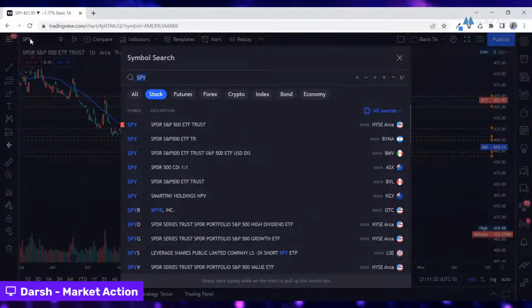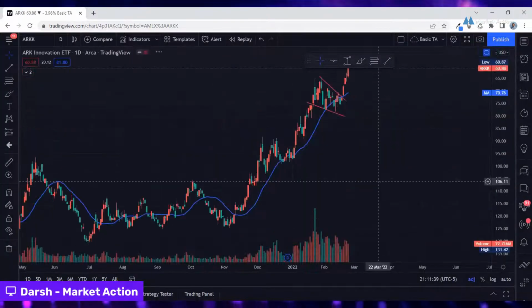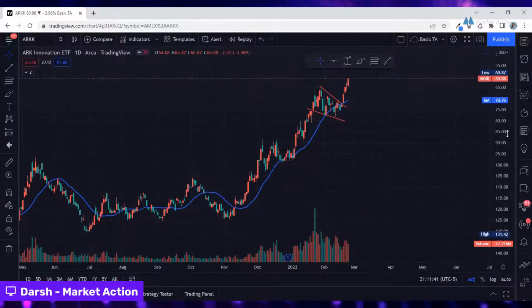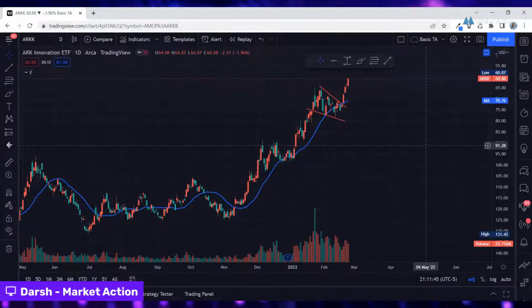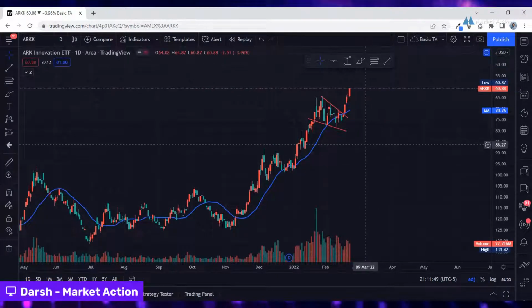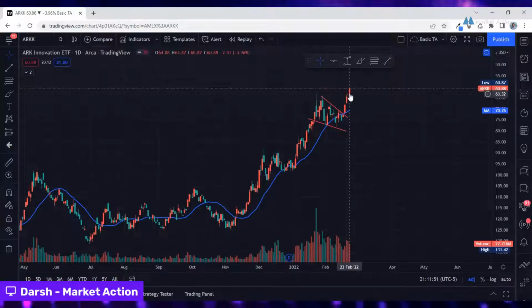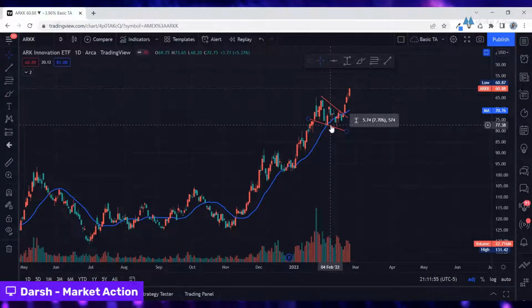I'm going to switch it to ARKK because it might not have a lot of alerts set up on there. There you go. Hey, rising price, falling wedge, and a breakout again. Now, the only thing different between Think or Swim and TradingView is that the candles are not inverted. So the red candles stay red and the green candles stay green.